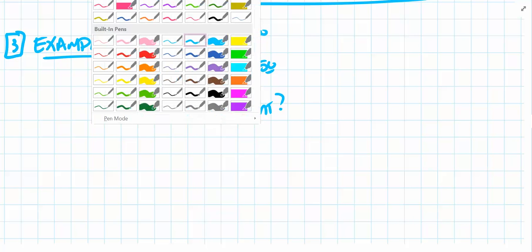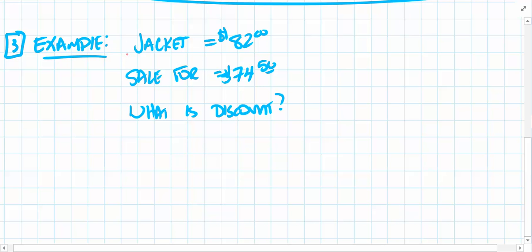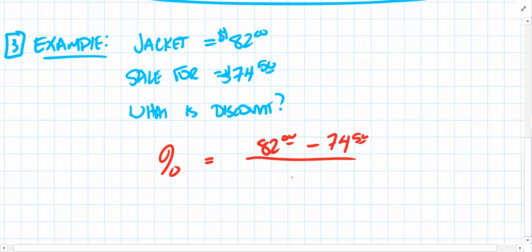Okay, so here's what I know. The percent change is going to be the amount in the decrease or increase. Well, that is just the original amount, which was $82, minus $74.50, divided by the original amount. What was the original amount again, you guys? 82.